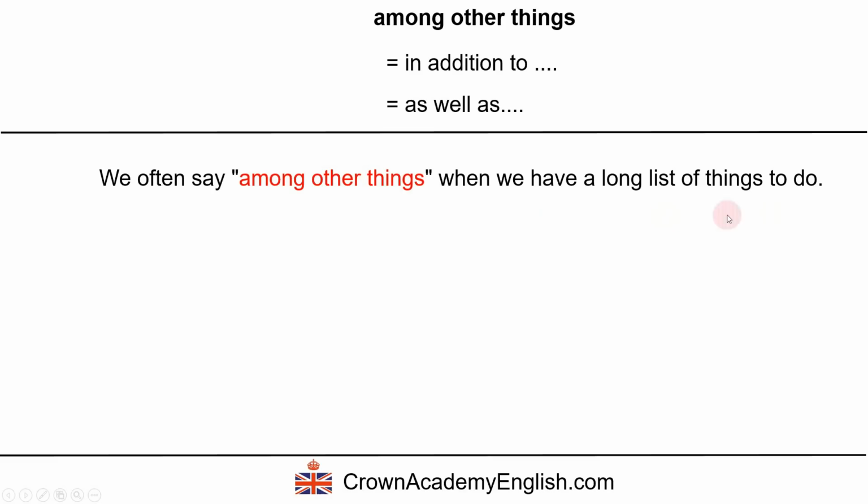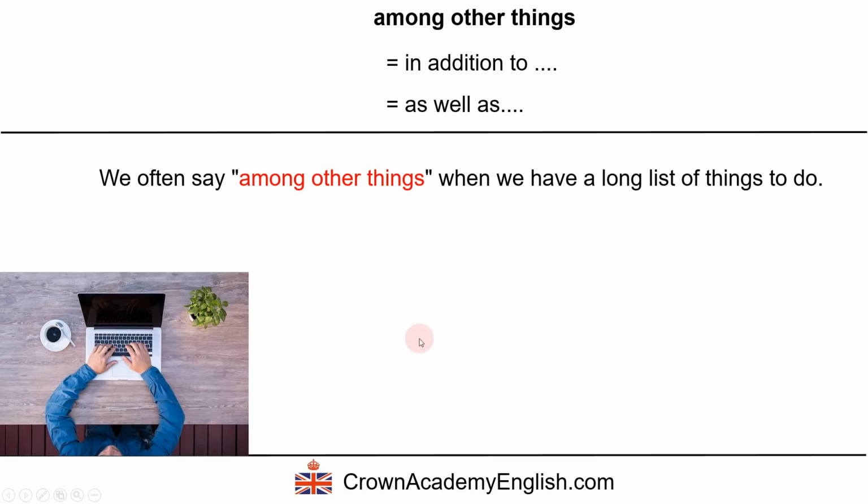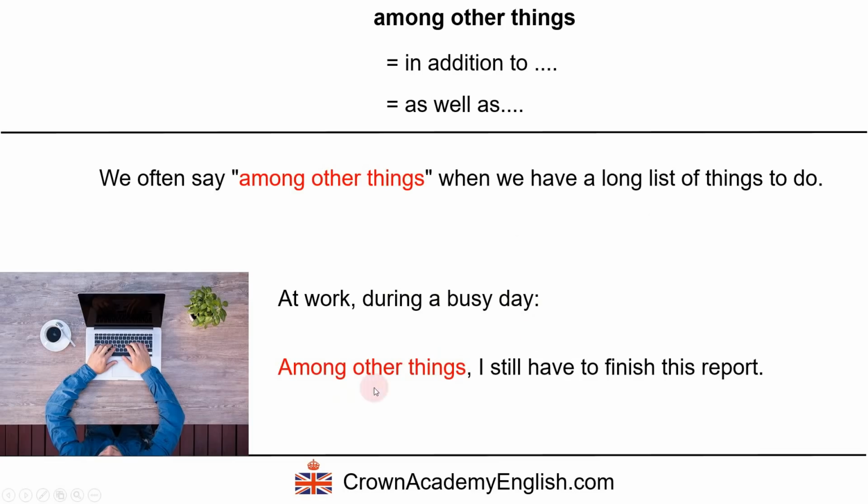So when we're very busy, for example at work, during a busy day, perhaps in the afternoon, and someone asks you, what have you got left to do? What work do you have left to do? You could reply, well, among other things, I still have to finish this report.